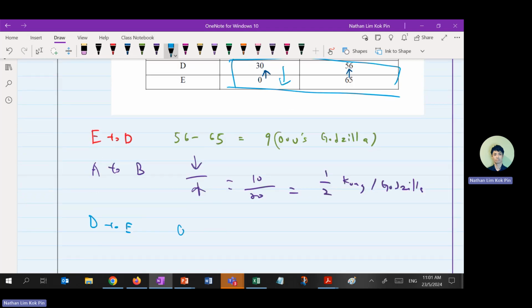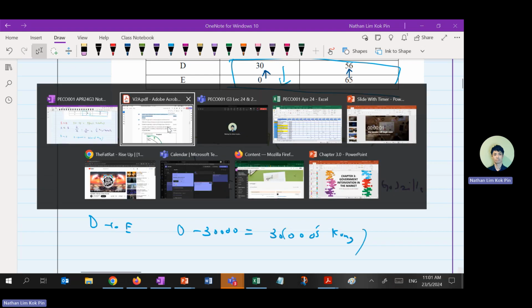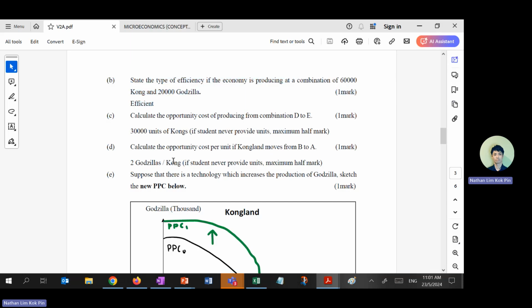So it should be 0 minus 30,000, which equals minus 30,000 Kong. Of course, some people will put it like that. Okay, makes sense? So put the bracket if you don't want to write the entire thing, but at least put a Kong there behind. So minus how much each?